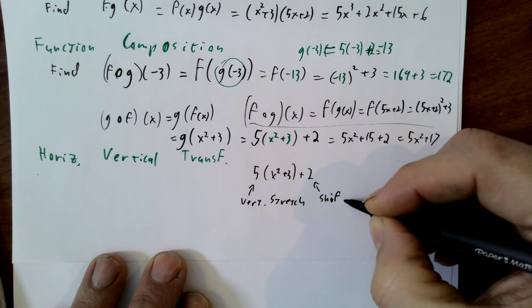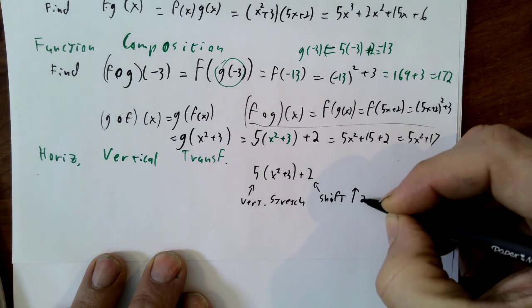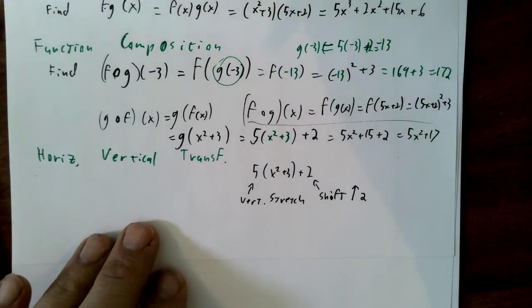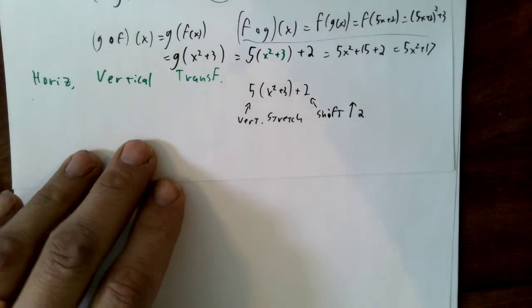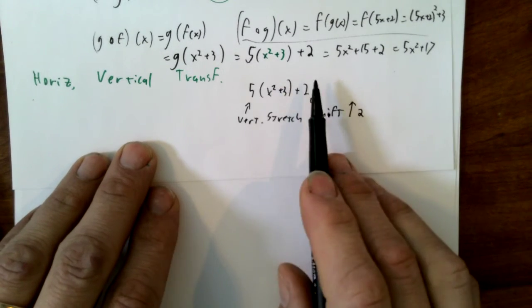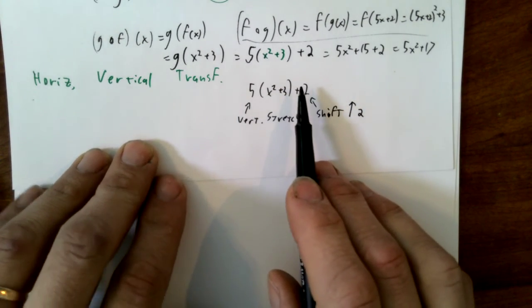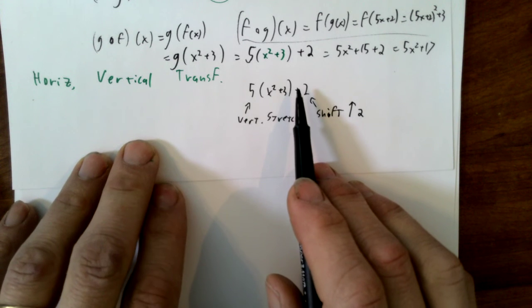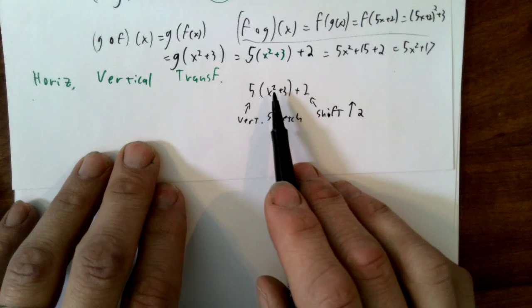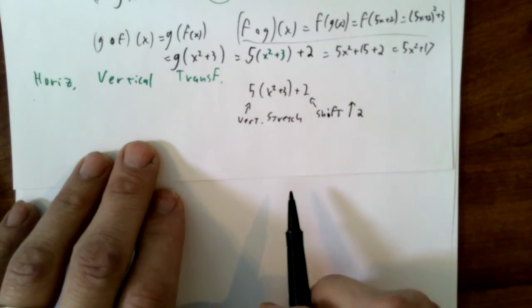This is a vertical shift, upward by 2 units. So I can think of that graphically. It is a form of composition. When the function is substituted into these things, these are happening on the outside. So I can take that graph and see what happens to the graph of that thing if I stretch it and shift it up by 2.